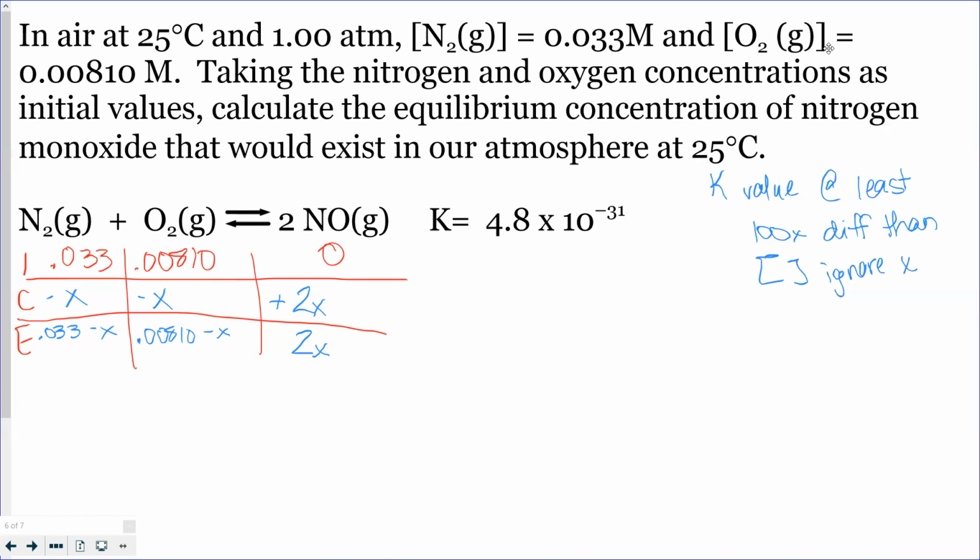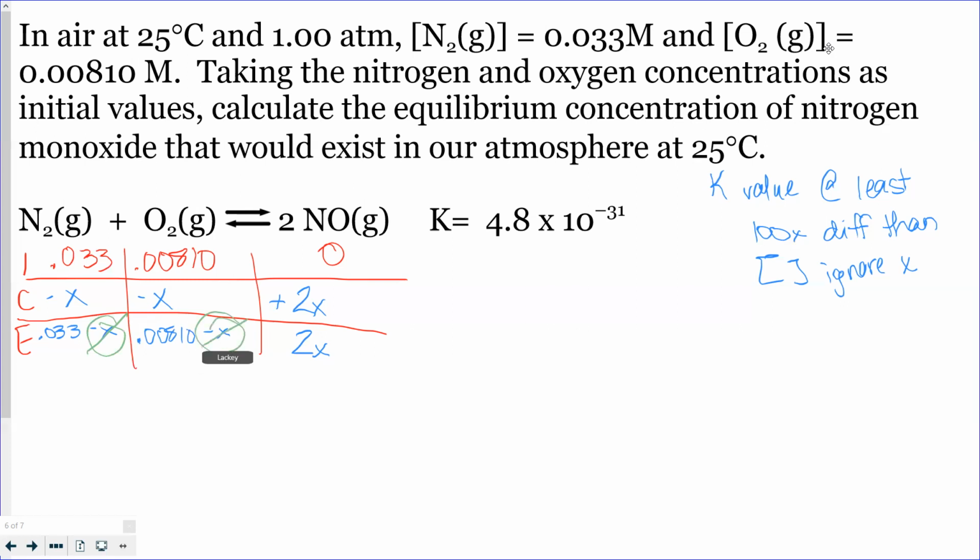So there we are going to be able to ignore x. If you look at the 0.00810, that would be 8.10 times 10 to the negative third. That is 28 places different than the 4.8 times 10 to the negative 31st. So here we can also ignore x.